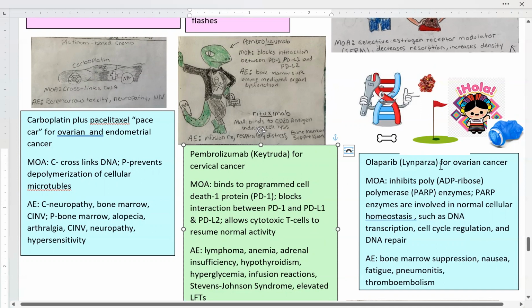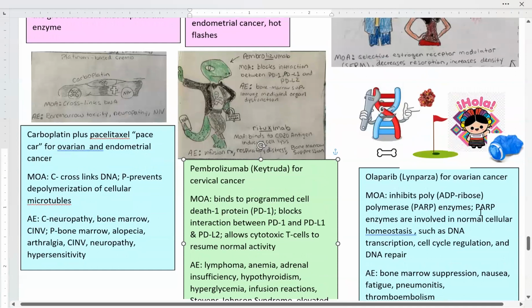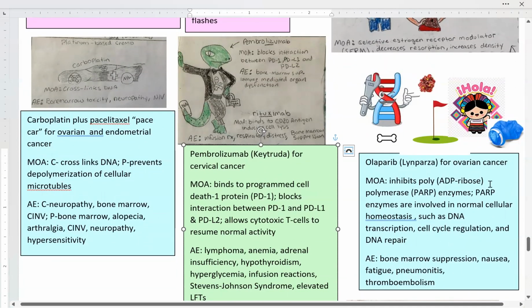Okay. Next is olaparib, and this is for ovarian cancer. So I thought olaparib sounded like, Ola. And so the MOA is that it inhibits poly ADP ribose polymerase, which is PARP enzymes.